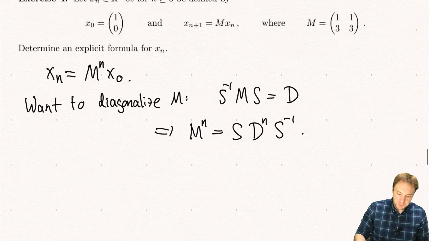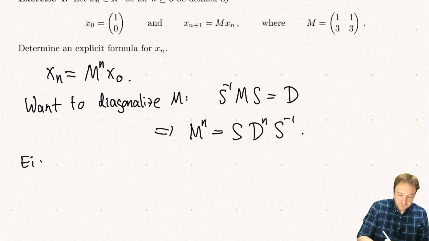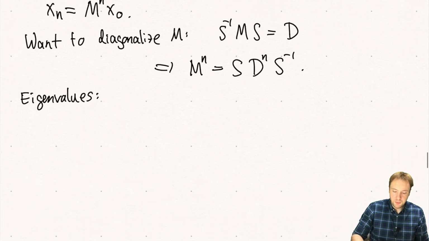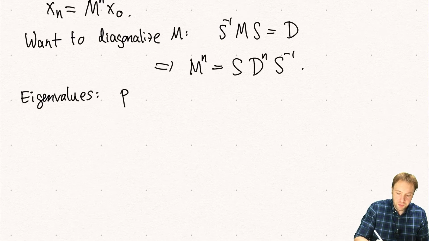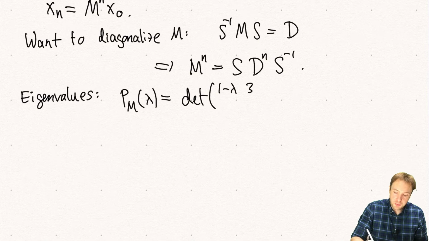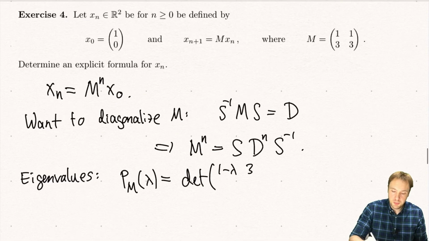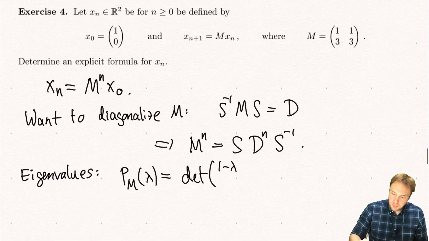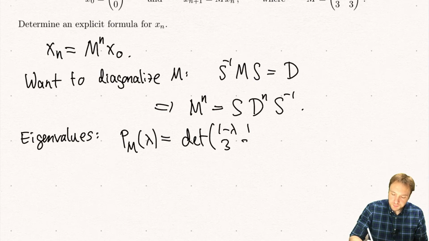So let's do this. So eigenvalues. So we need to consider the characteristic polynomial of m, which is the determinant of 1 minus lambda, 3, 1, 3 minus lambda.